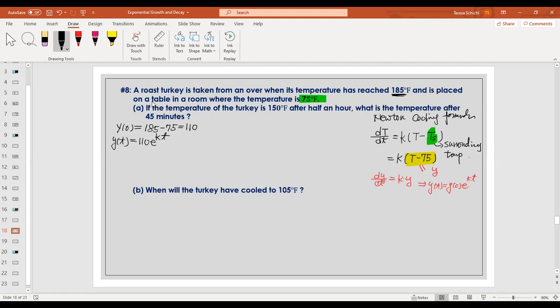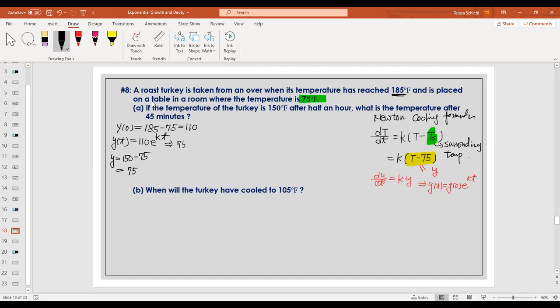Okay, so now after a half hour, it dropped to 150 degrees. That means the temperature dropped to 150 degrees. But then what is y going to drop to? The y value is going to be 150 minus 75, right? Because we defined y as the temperature minus 75. So they dropped to 150, so y is 75. Now I can try to solve for my k, right?